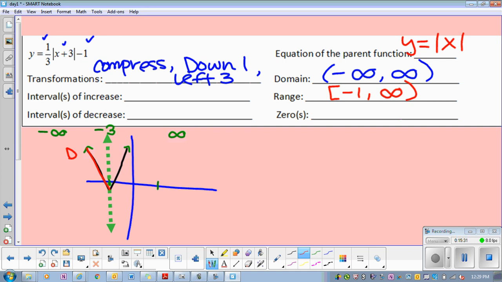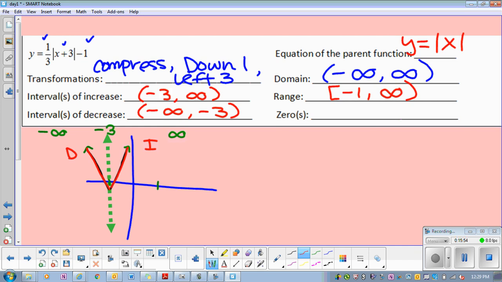Decreasing. And what is it doing from negative 3 to infinity? Increasing. So you're increasing on the interval from negative 3 to infinity. Remember, always parentheses. And it's decreasing from negative infinity to negative 3. All right. So, how about the zeros?